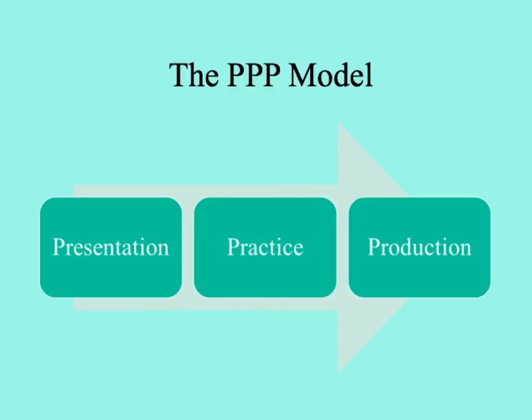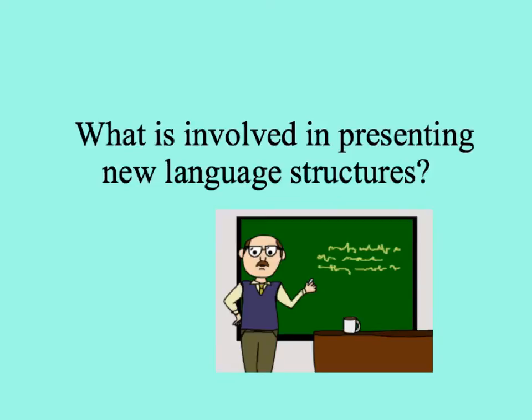So that's why today the most common model for teaching grammar is what is known as the PPP model. Under the PPP model, presentation is the first phase when we present a new language item to the students.